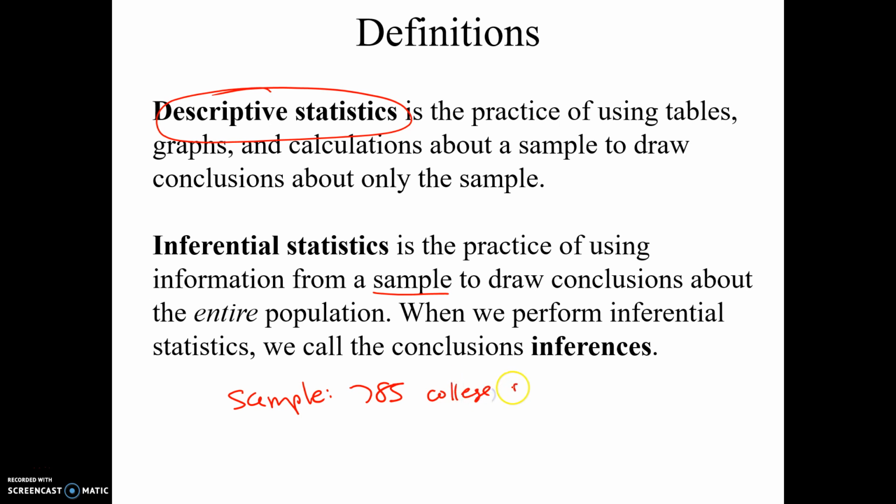That's your sample. And based on the data from these students, we're going to draw a conclusion or an inference about the entire population. And the entire population is all college students. So the data from this sample is going to be used to make a conclusion about all college students.